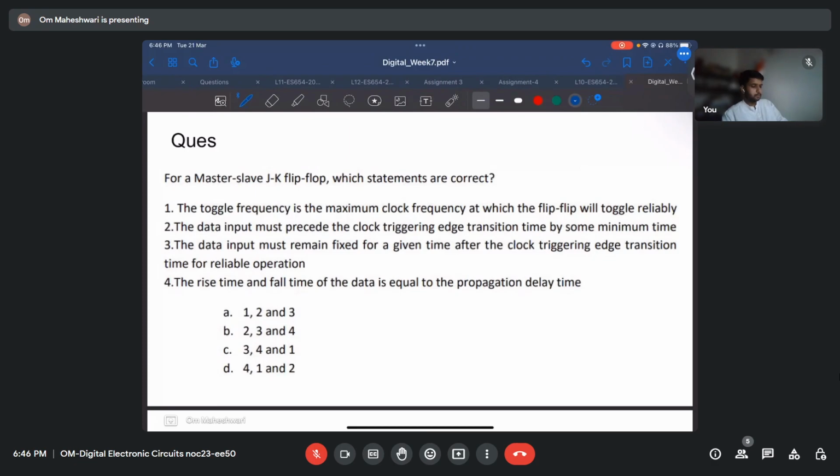So this is correct. The data input must precede the clock. Also correct. The input must remain fixed for a given time after clock triggering transition. That's fine. This is also correct. Answer is A.